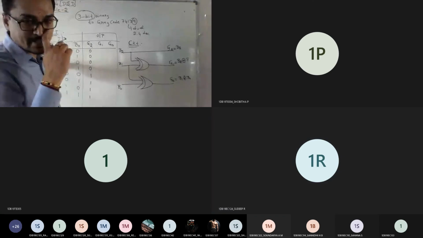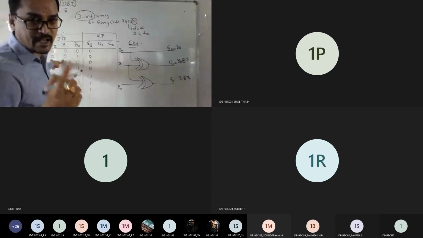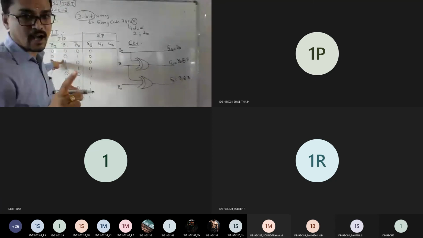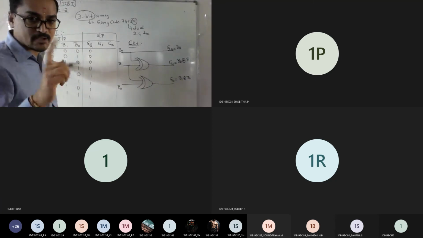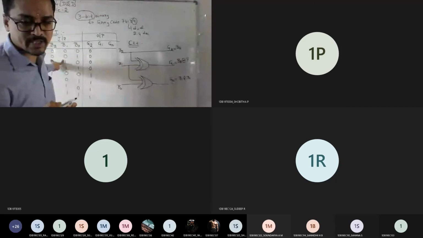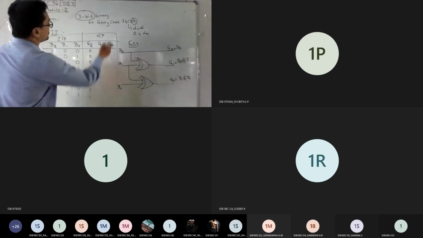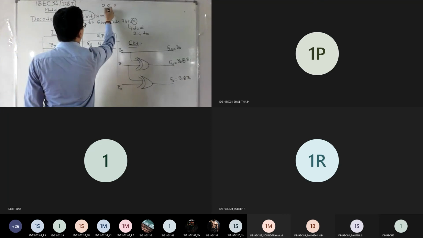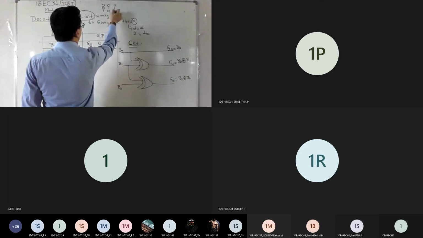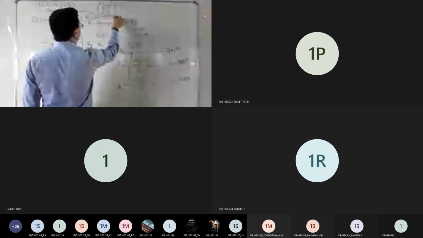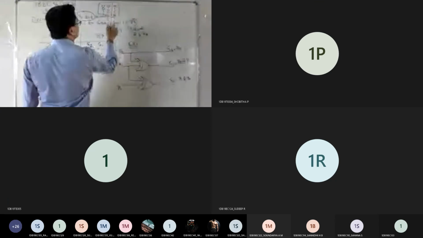So you remember the logic for XOR gate, if either of the input is high, output is high. It means for 0, 1 and 1, 0 combination, output is 1. Otherwise it is 0. I hope you remember that logic. So 0, 1, 1, 0 and for 1, 1 also 0. So you remember this truth table, everyone?